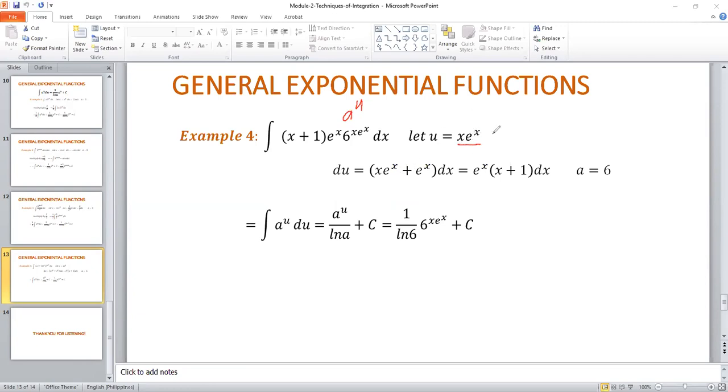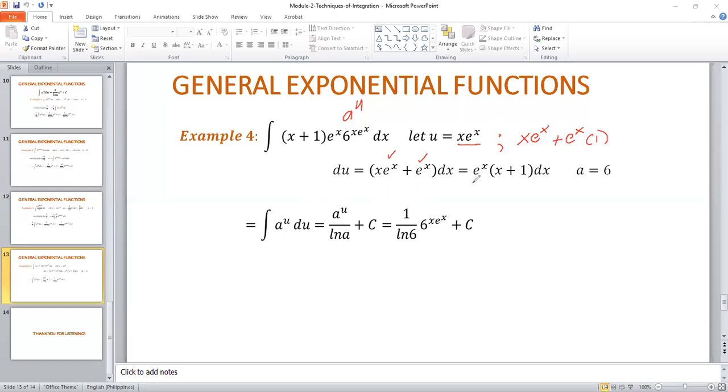The first term times the derivative of the second plus the second term times the derivative of the first. So it's xe raised to x plus e raised to x, as you could see here. And this e raised to x is factorable. So you have e raised to x times the quantity x plus 1.